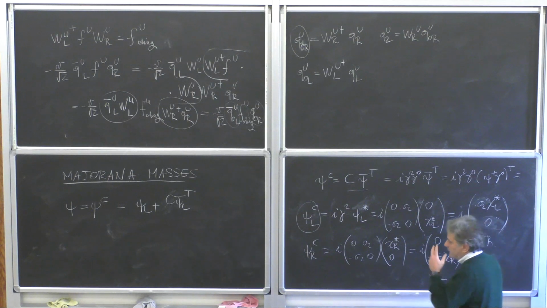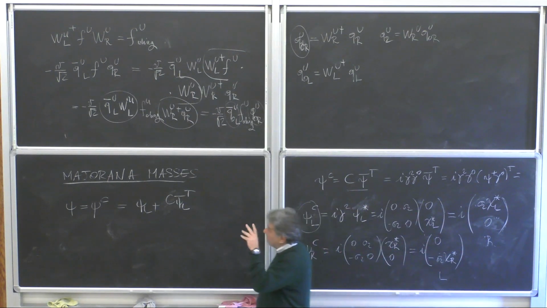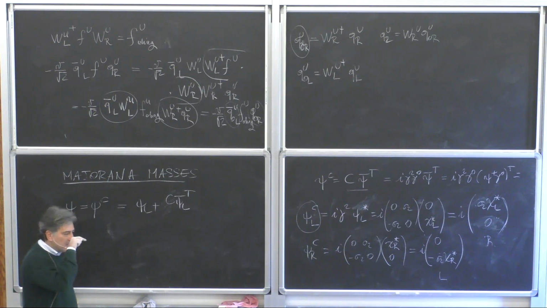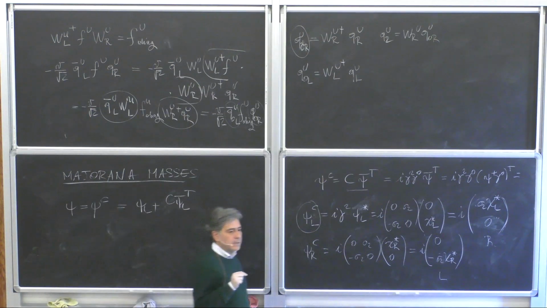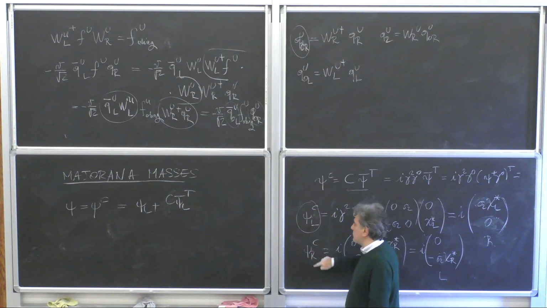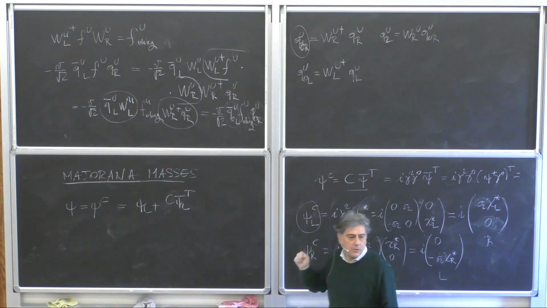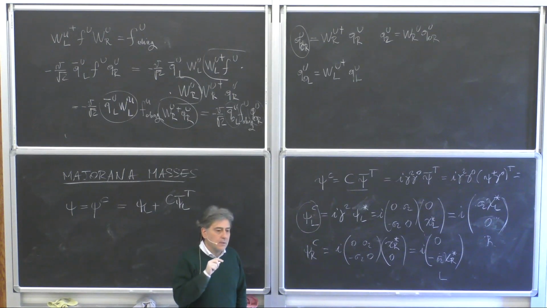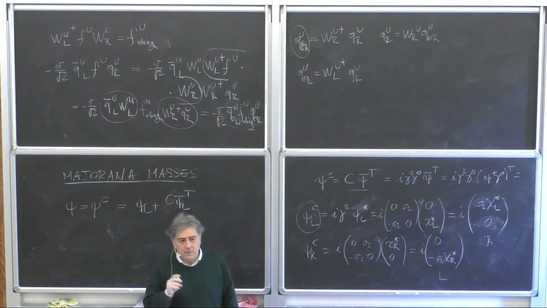Tomorrow we will see that since we need some terms of the kind psi bar L psi L in the end, we could use these two fields to build a new Lagrangian term for neutrino masses in the case of Majorana particles. But maybe we stop here and we will continue tomorrow. Okay.